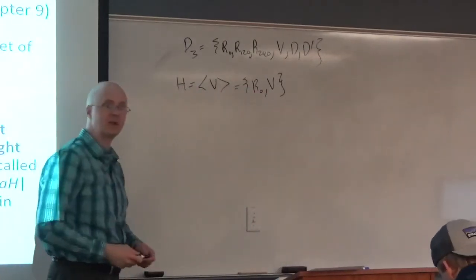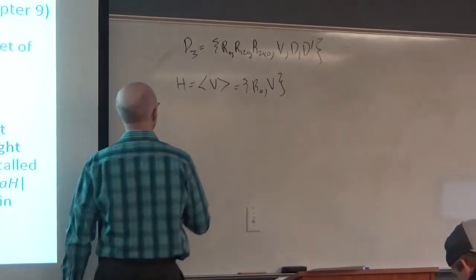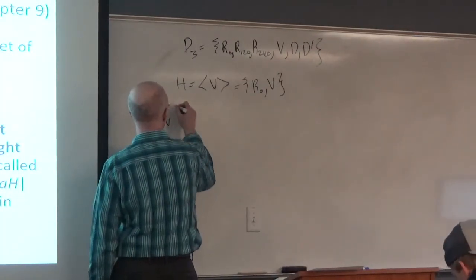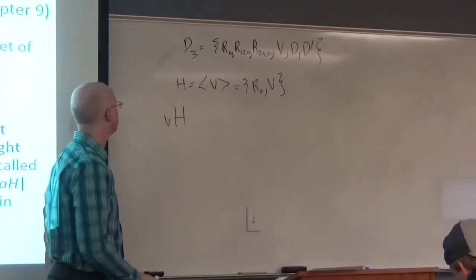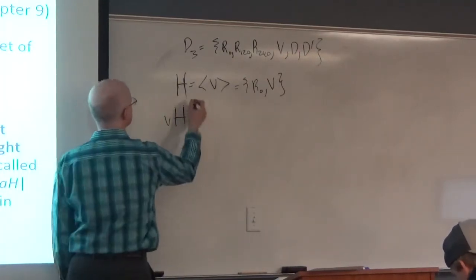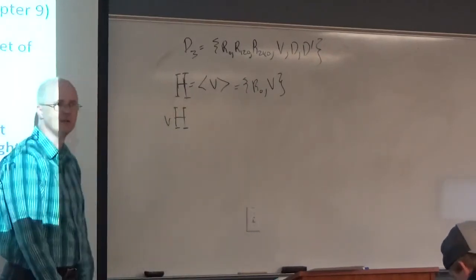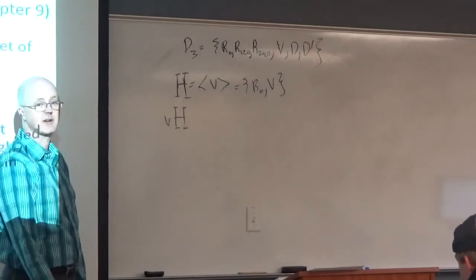What are the left and right cosets? One left coset would be VH. Maybe I should make H bigger. I don't think I'll bother after this point.